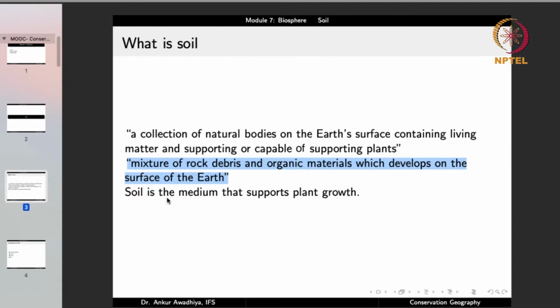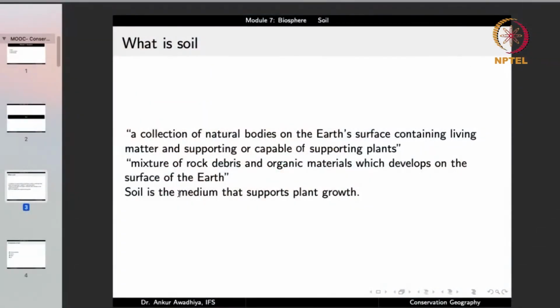The importance of soil is that it is the medium that supports plant growth. And plants support all the life on this planet, because any animal would require plants as a source of food. Plants convert the energy of sunlight into food for all the living organisms by doing photosynthesis.